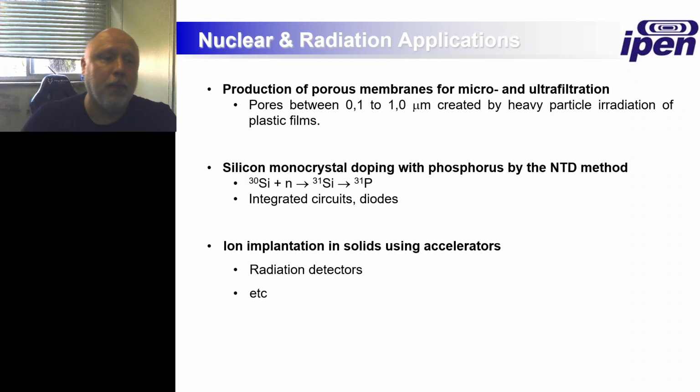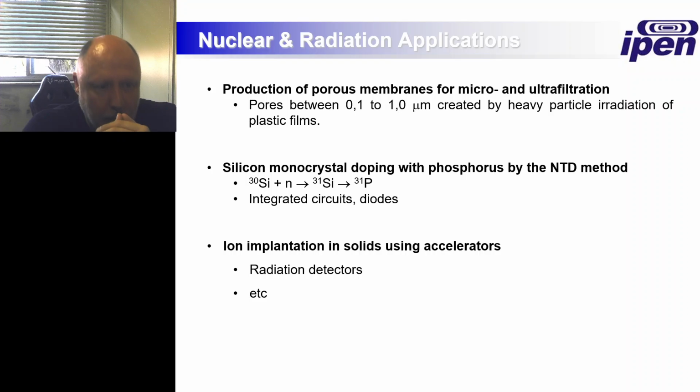You can, for instance, use accelerators, let's say accelerators for heavy ions, okay? You can use them for ion implantation, because remember I told you heavy charged particles have a very definite range, and all of them will stop at the same point, right? Depending on the energy, you change the depth, but for a given energy, a given particle, and a given medium, all of them will stop at the same place.